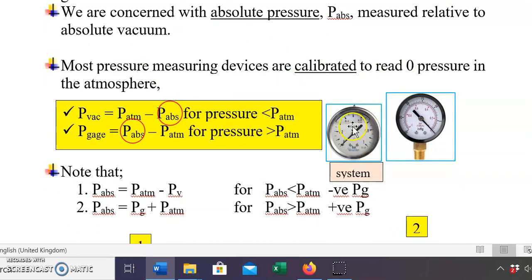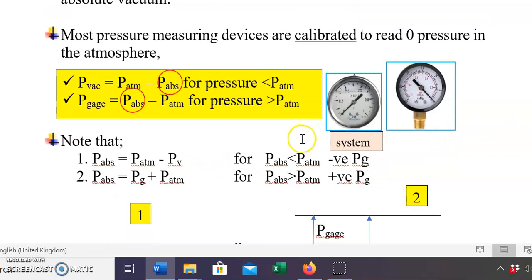So if you have a pressure gauge connected to a system telling you it's 5 kilopascal, to get the absolute pressure needed for thermodynamic analysis, you would have to add that gauge pressure to the atmospheric pressure. For vacuum gauge pressure, that is, if your pressure is let's say minus 5 kilopascal, the vacuum pressure would indicate it is just 5. It's a vacuum pressure.